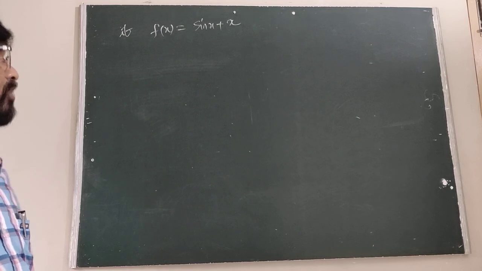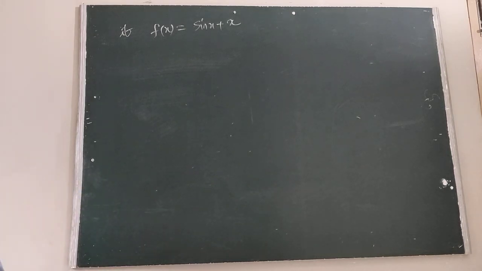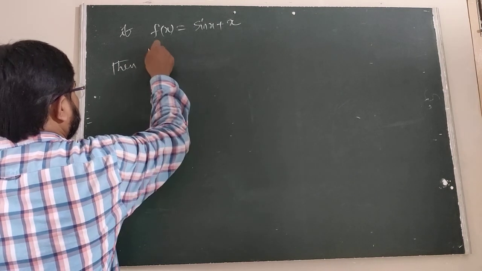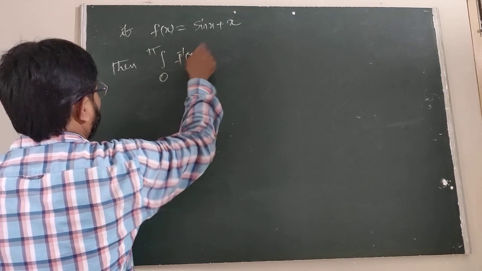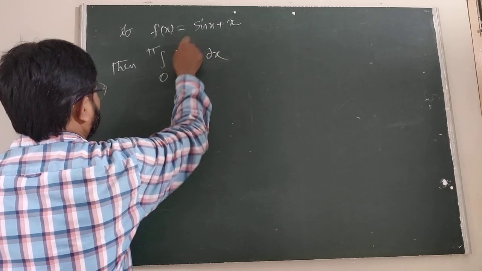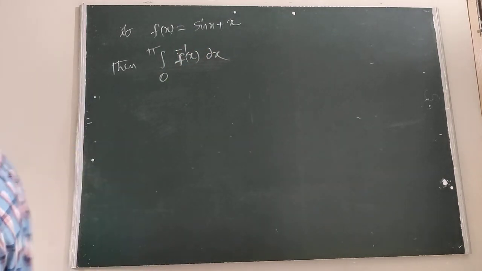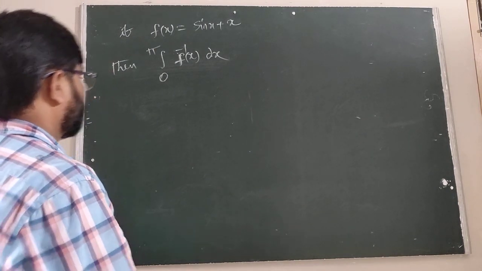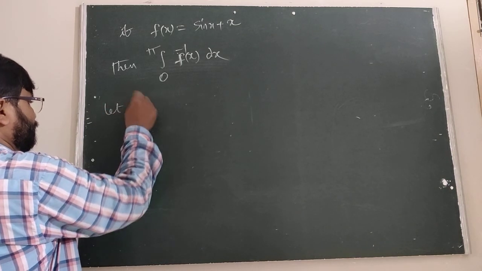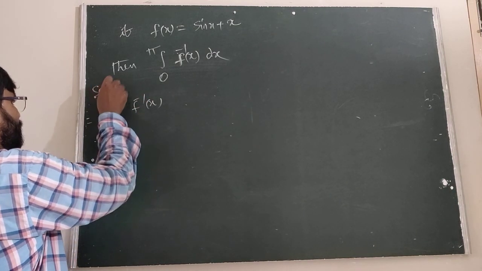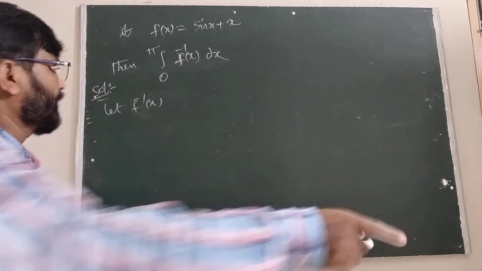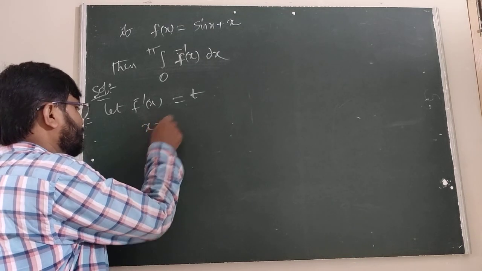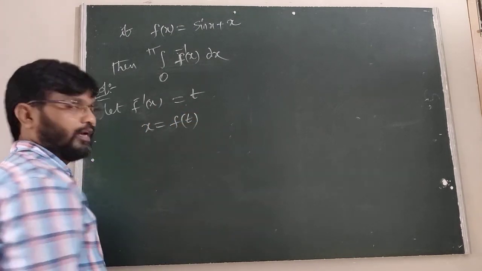If f of x equal to sin x plus x, then find the value of the integral 0 to pi of f inverse of x dx. All of you listen here. Let f inverse of x be t, therefore x equals f of t.